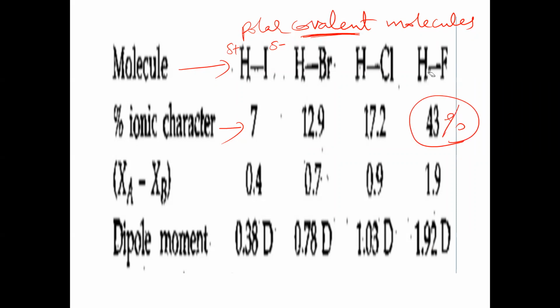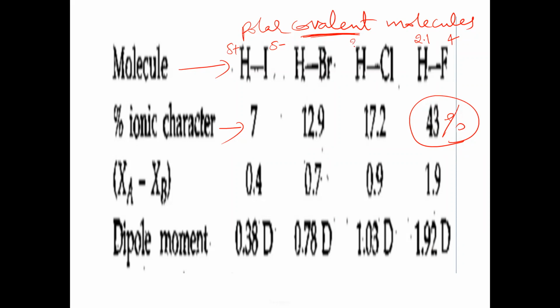Why is the ionic character of HF greater here? Because of the larger difference in electronegativity. What is the electronegativity of fluorine? 4. Electronegativity of hydrogen? 2.1. Difference is more. The greater the difference in electronegativity, the less the covalent character and the more the ionic character.